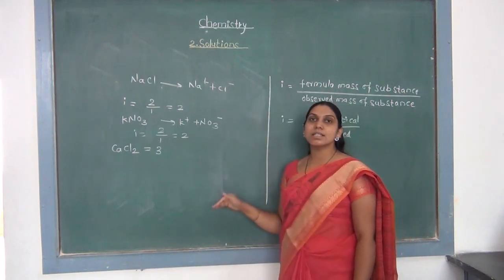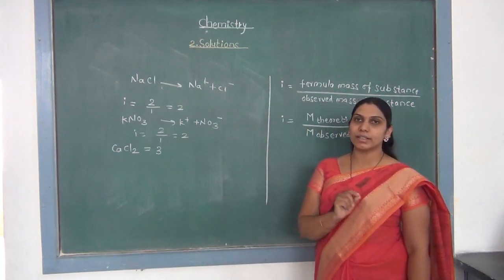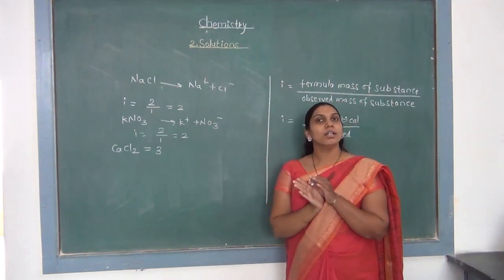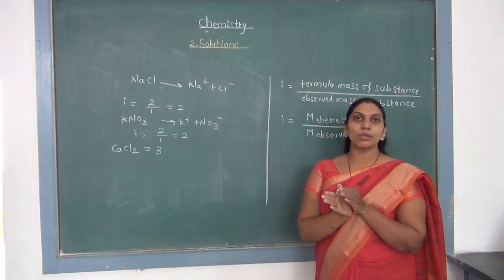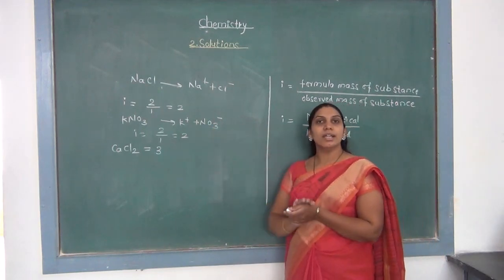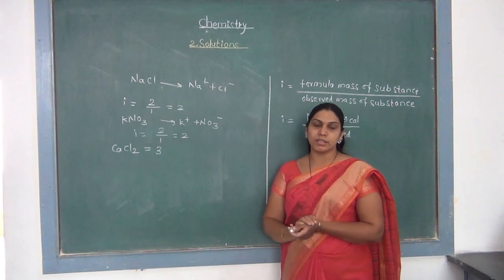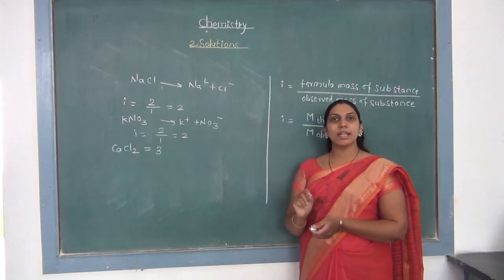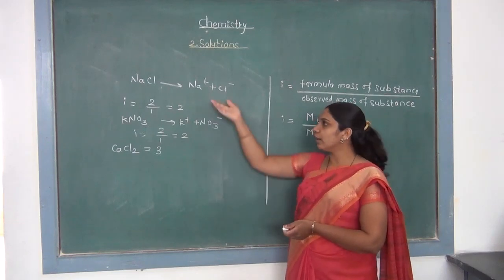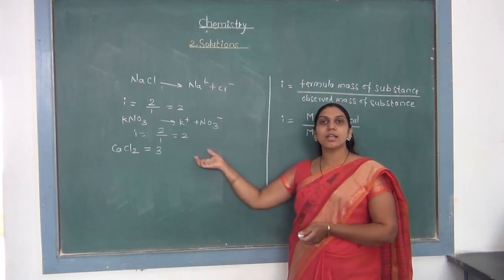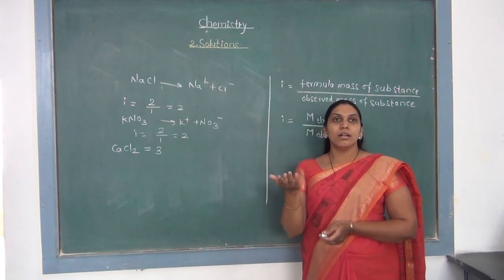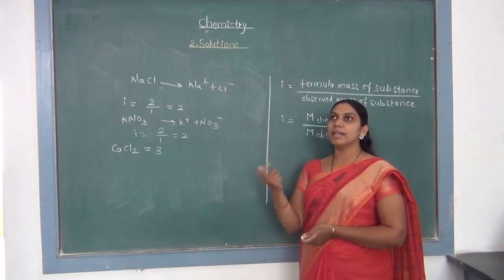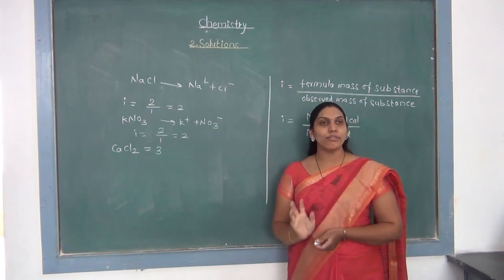So using these formulas, you can calculate the Van't Hoff factors of different electrolytes by this method. You will find that generally for an electrolyte solution, the colligative property is twice or thrice that of the non-electrolyte, depending on the value of Van't Hoff factor.